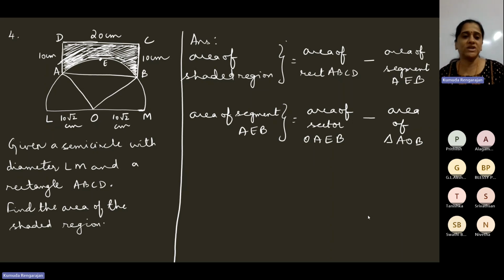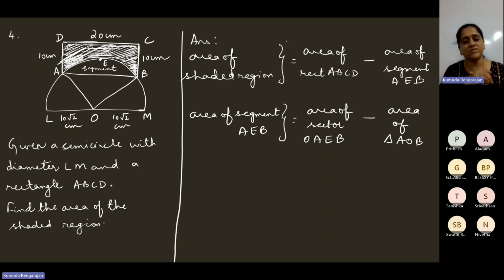Now, how do you find the area of the shaded region? The area of the shaded region is the area of the rectangle ABCD minus the area of the segment. Which segment? AEB, this one is a segment. Area of the rectangle is L into B, 20 into 10, we can find. But the area of the segment we have to find.